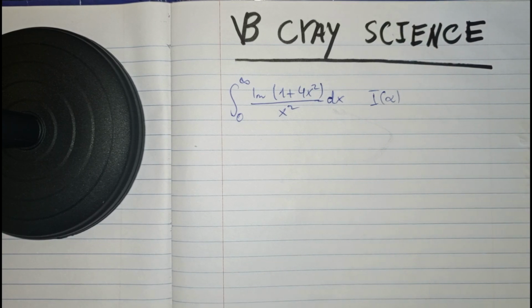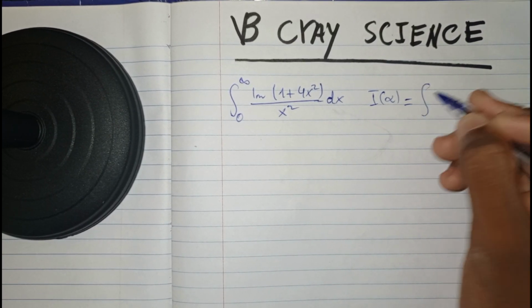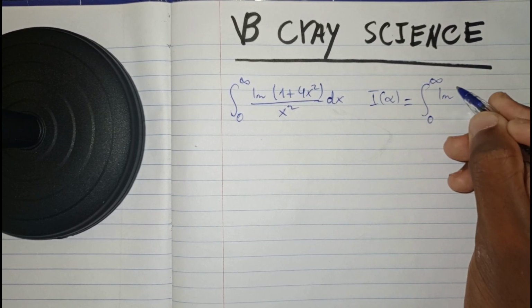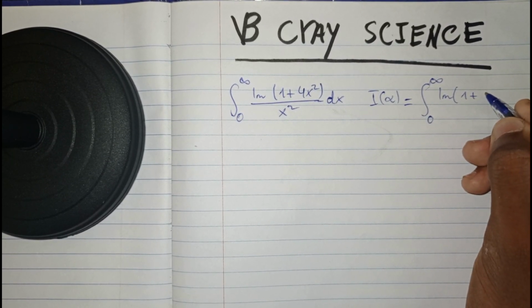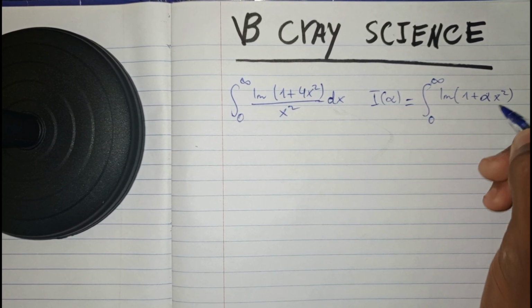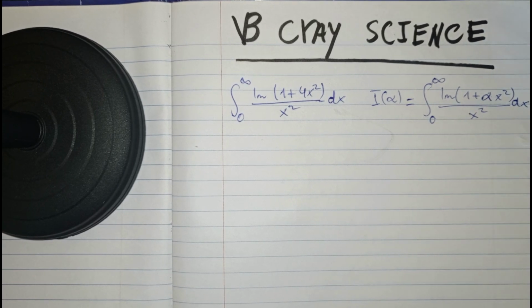Let our parameter be alpha, in the integral from 0 to infinity of ln(1 + 4x squared) divided by x squared dx, where this 4 is replaced with alpha, so ln(1 + alpha x squared) divided by x squared dx.